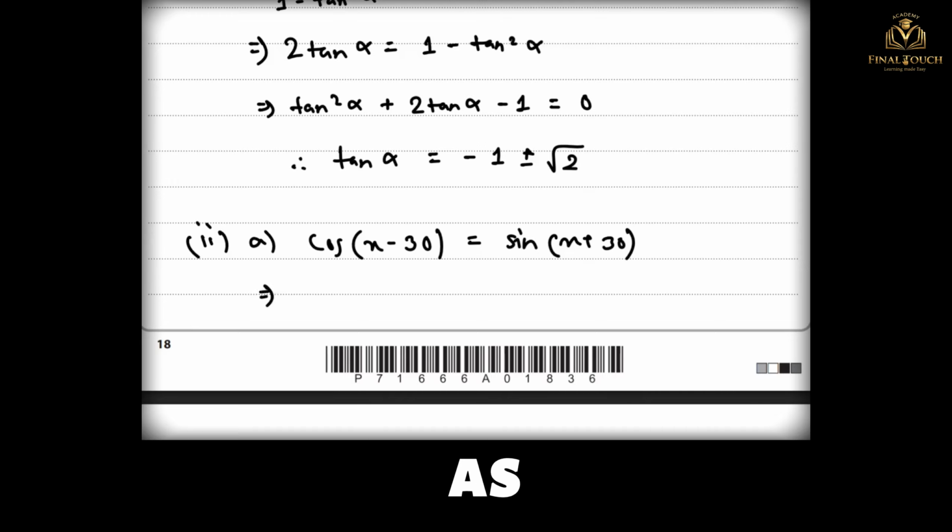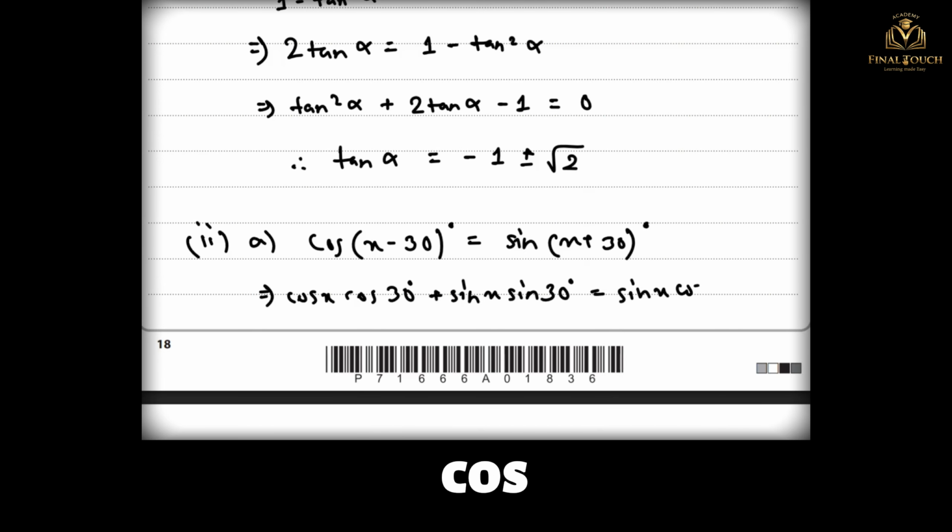We can write them as cos x cos 30 plus sin x sin 30. And then for this one, we can write it as sin x cos 30 plus cos x sin 30.